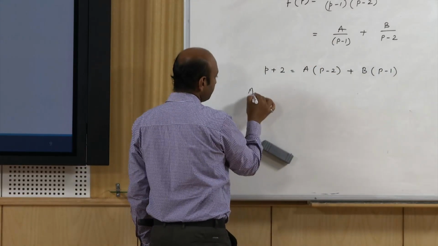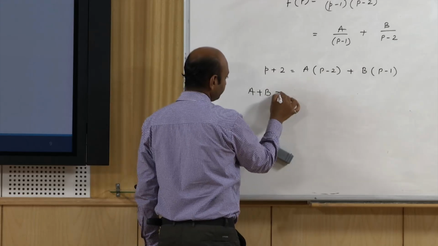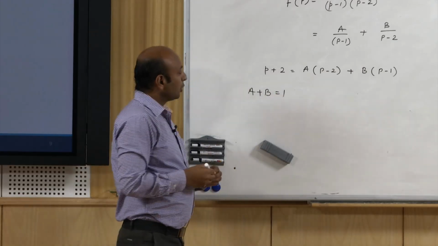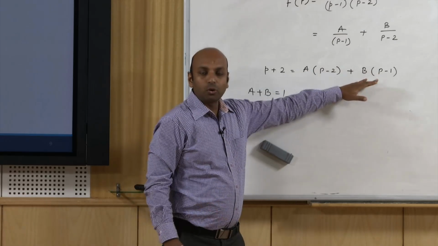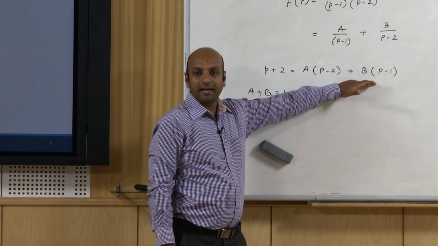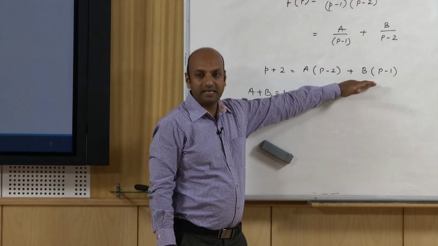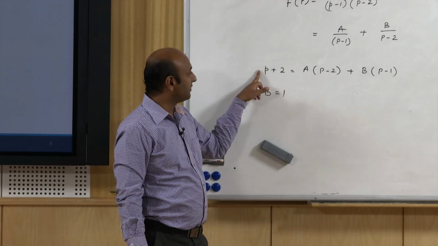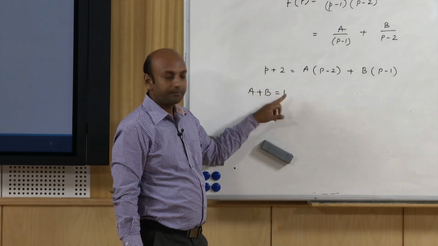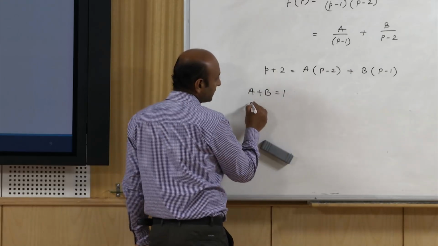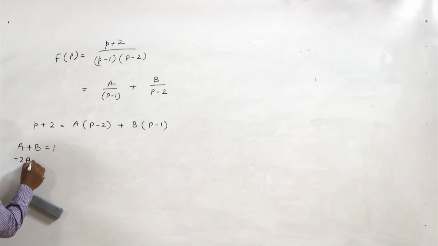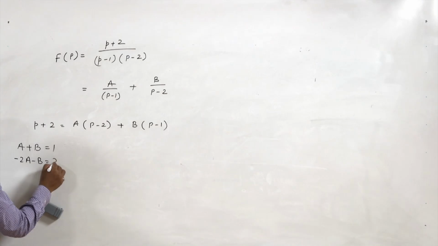So A plus B is 1. The coefficient of p here is A, here is B. The total coefficient of p from the right hand side is A plus B, and on the left hand side it is 1. So A plus B is 1, and comparing the constants, it is minus 2A minus B equals 2.